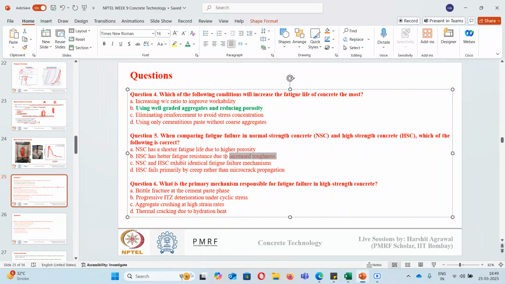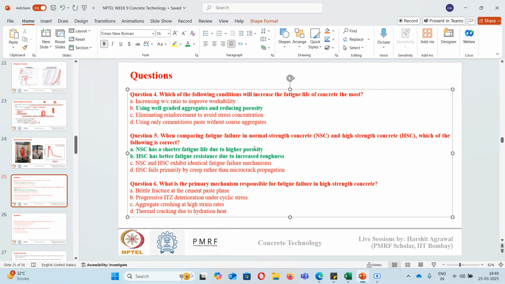For question 5, both A and B can be correct. How? Normal strength concrete has more micro voids and a weaker ITZ. Since the ITZ is weaker, it is more susceptible to fatigue failure. That's why normal strength concrete has a shorter fatigue life due to weaker ITZ and higher porosity.